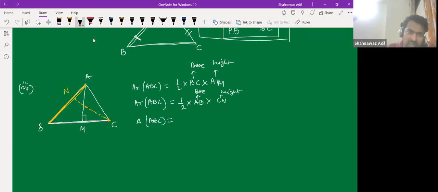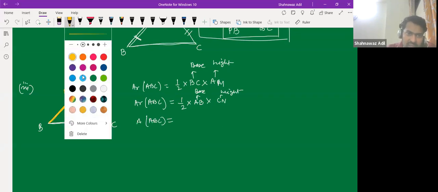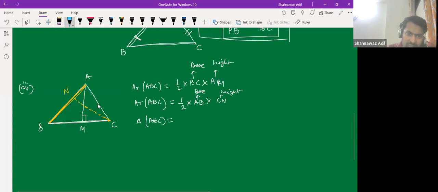If I choose my base as AC, what is the remaining vertex? B. So we have to take the height from this point. Let's say this is O. Then my area of triangle would be half AC into BO.